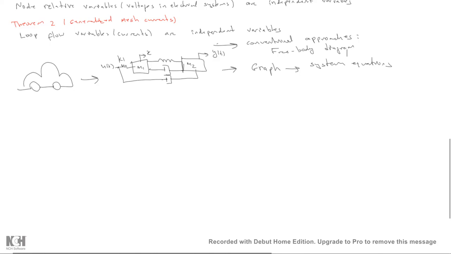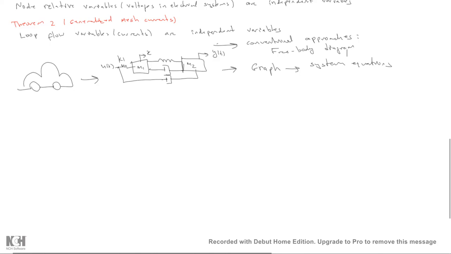In this class, we are going to do something kind of untraditional. Nise's second chapter briefly talks about this approach, which uses graph methods, without showing the graph. We are going to go after theorem 1 using the node equations and try to obtain the system equations using node relative variables.